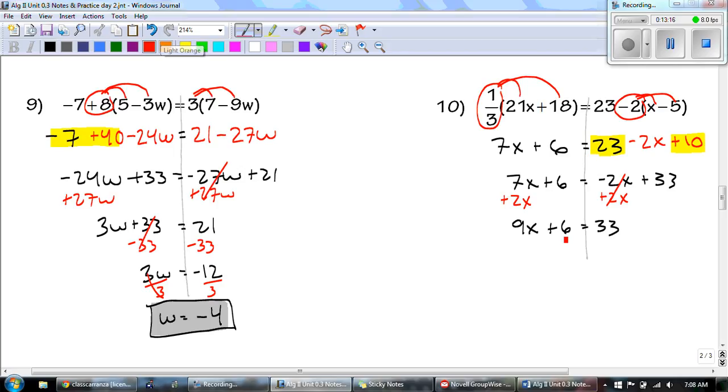And now we're following SADMAP. Cancel addition with subtraction. 33 minus 6 is 27. And then get the x to one side. The x is already to one side, Mr. Grice. Get the x by itself by dividing by 9. And we get that x equals 3.